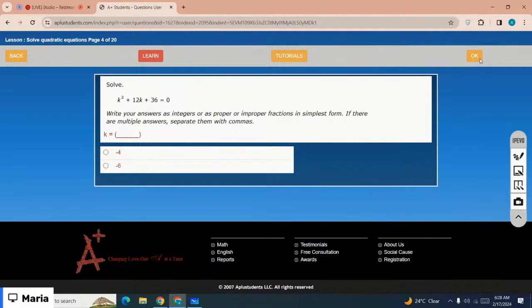Yes, the correct option is negative 6. It is right. Option number 2 is the correct option. That is negative 6.